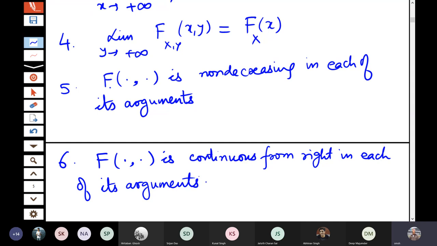So these are some of the basic properties of the joint cumulative distribution function of two random variables X and Y. Is it clear?